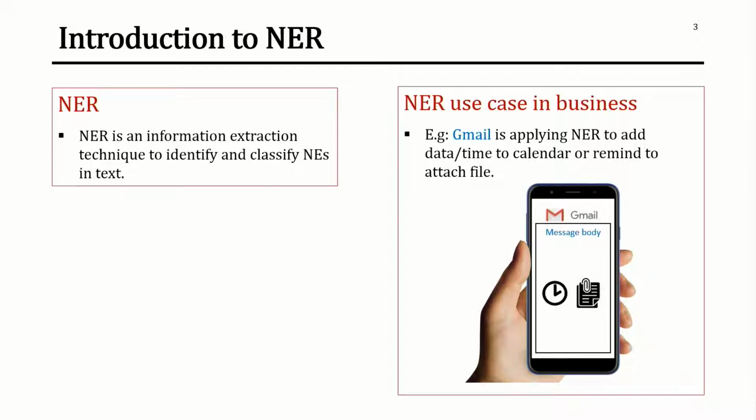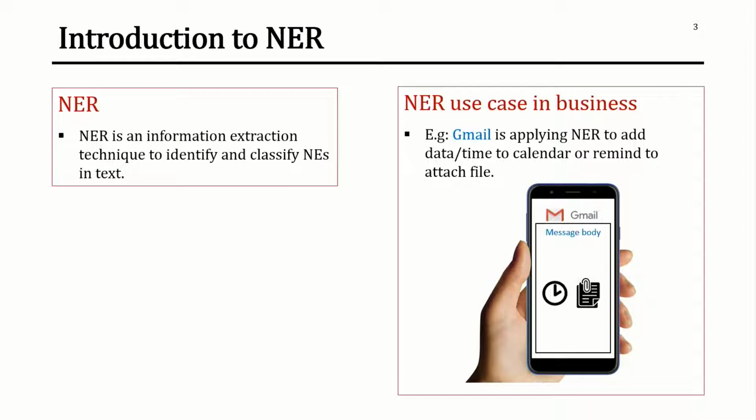And as we can see in current technologies, Gmail is using NER to add dates or times in the email for later notifications. For example, when we write an email to somebody and mention some times inside that email, Gmail will add those dates and times to our calendar for later notifications.